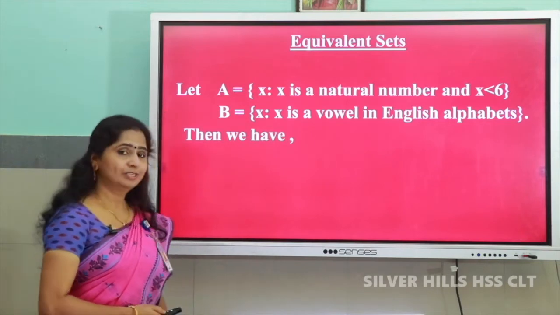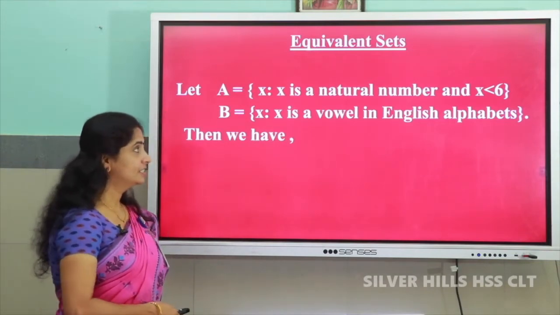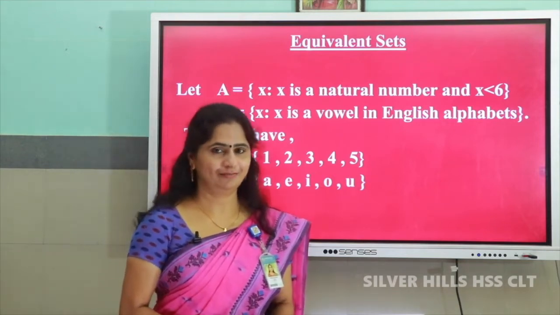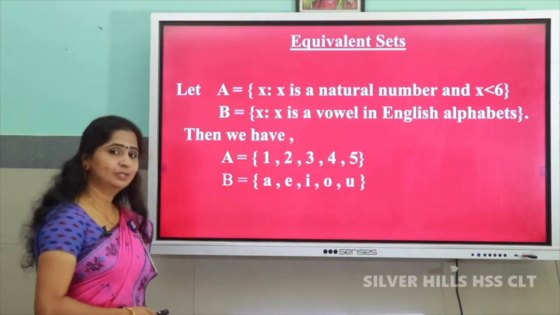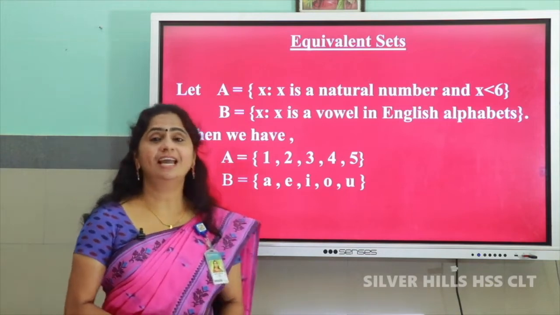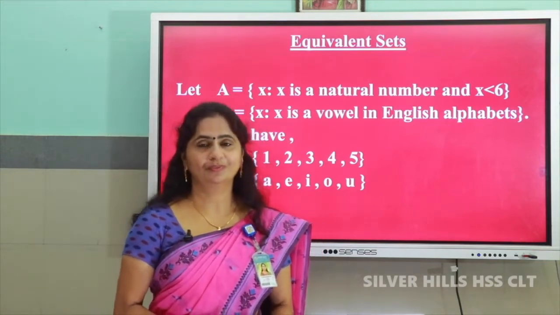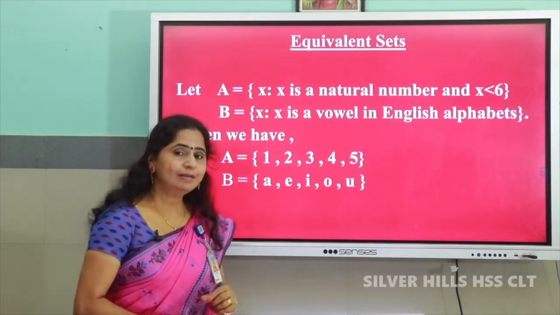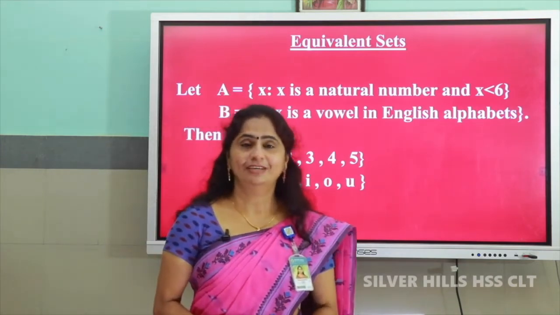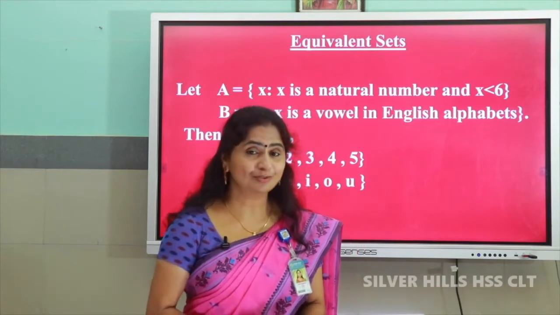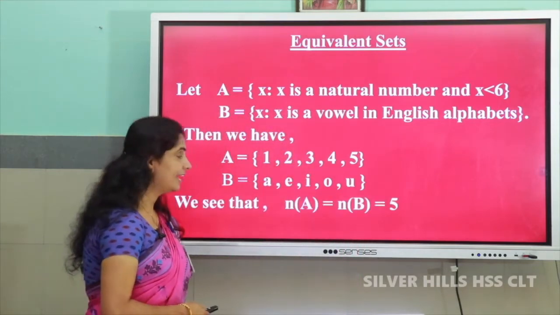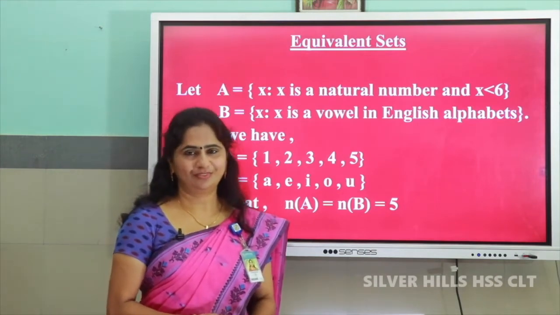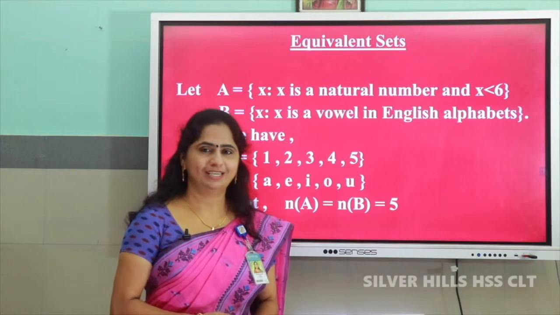A will be equal to the set 1, 2, 3, 4, 5 and set B will be equal to the set A, E, I, O, U. Now what do we see in this? The number of elements in A is 5 and the number of elements in B is also 5. So n of A is equal to n of B is equal to 5. Hence it is called equivalent sets.